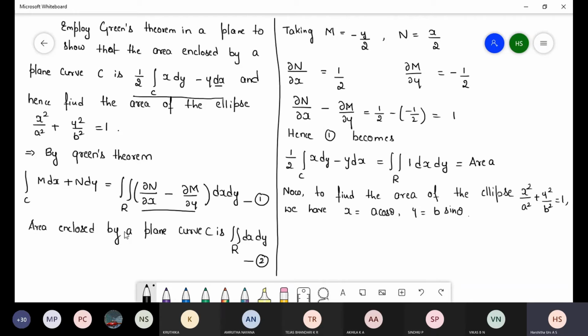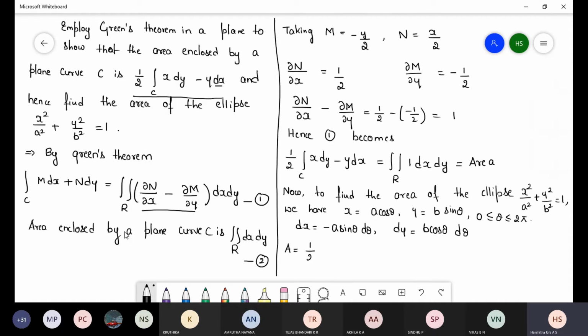So again theta varies from 0 to 2 pi. So dx is equal to minus a sin theta d theta. dy is equal to b cos theta d theta. Now we substitute in the LHS.